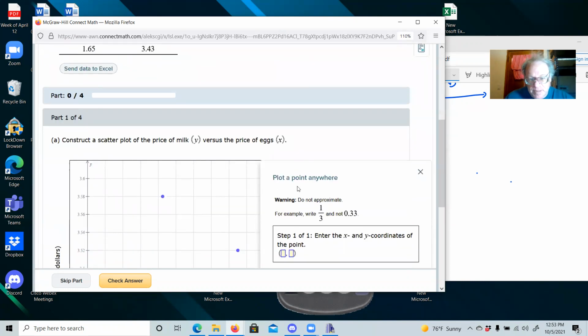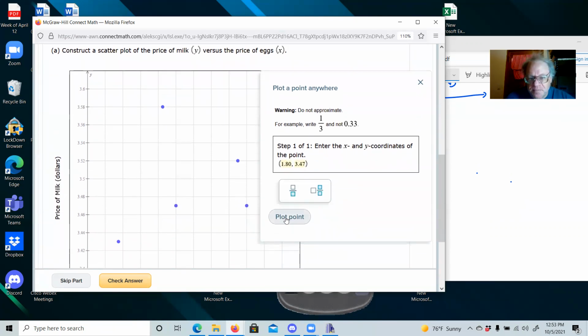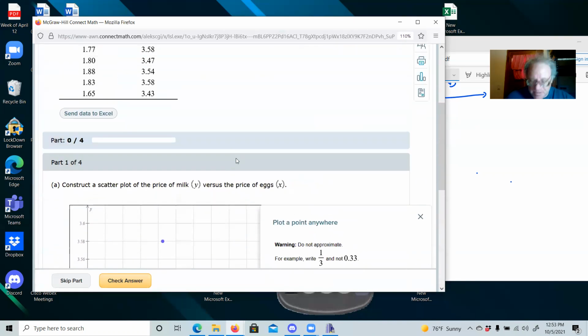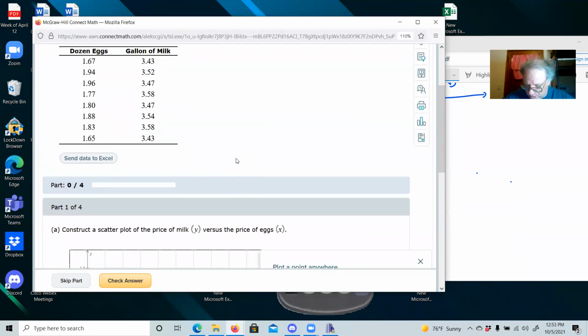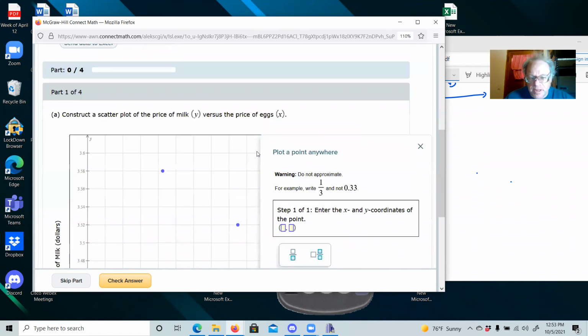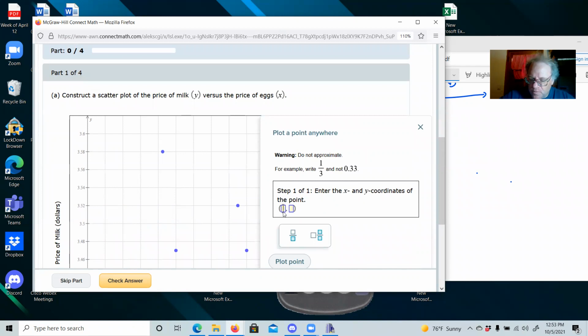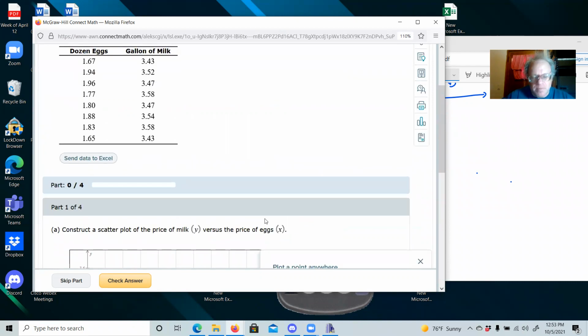Just in case you thought it's got to be easier for him, no, we're all human. We're all stuck with this. Next is 1.88, 3.54. Plot.